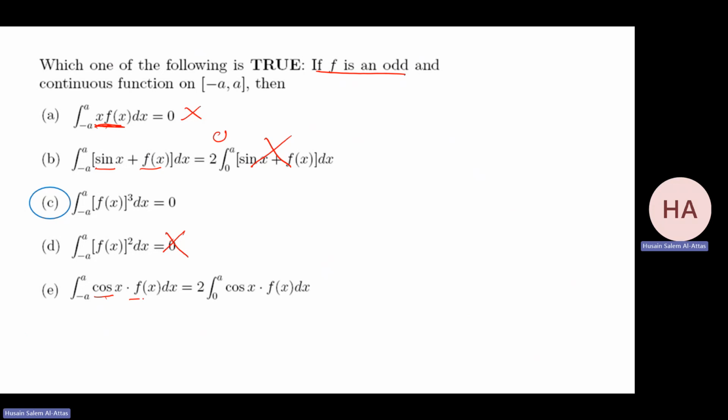This is even, this is odd, so this is odd. So the answer should be 0 here. This one is correct. Why? Because if it is odd, let me check g of x equals f of x cubed.